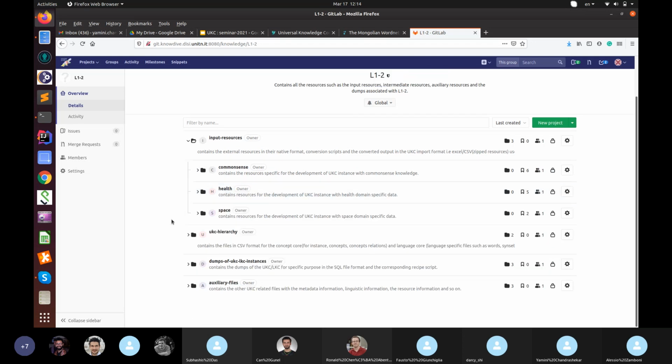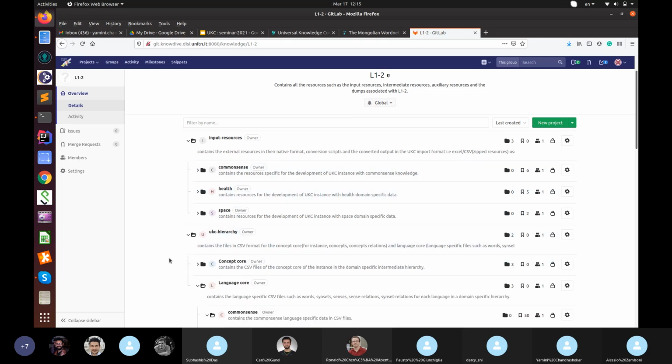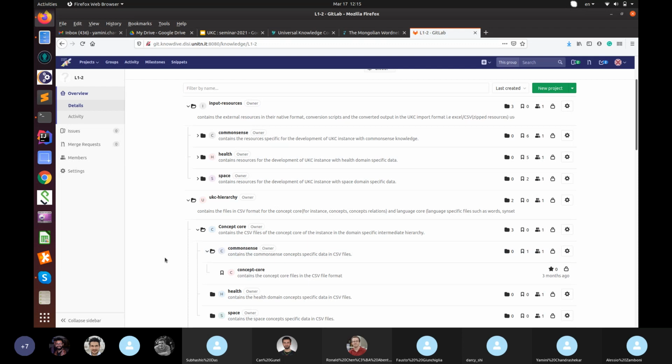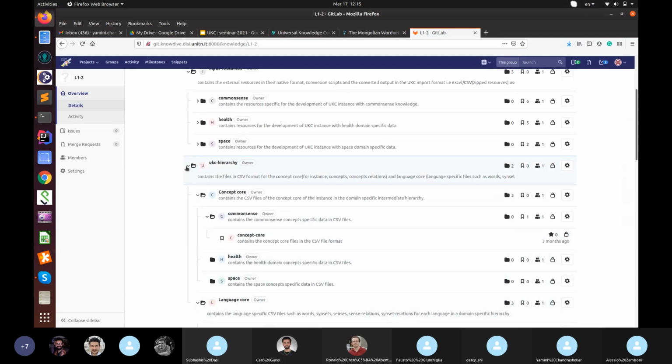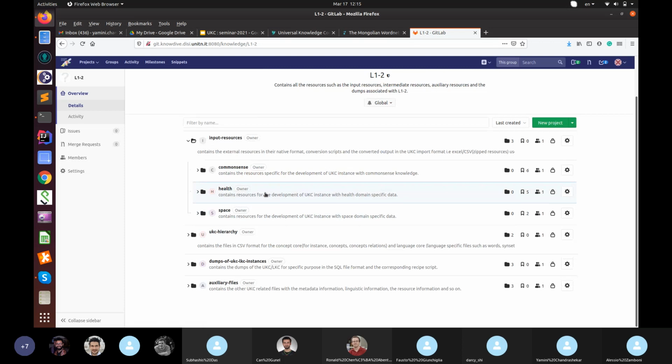The idea is to have a similar structure to the one implemented for the common sense component, which has a concept core component, for the health domain and for the space domain. For now, the work is done only in terms of the input resources, but it will be extended to the other layers as well, where we have the health domain specific dump as per the project requirements and so on.